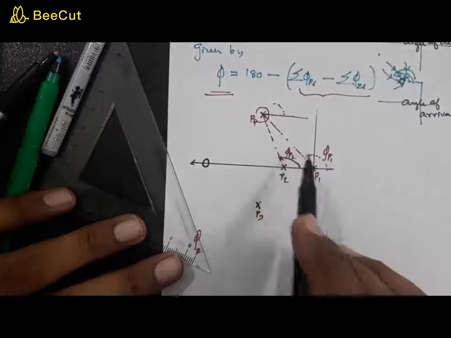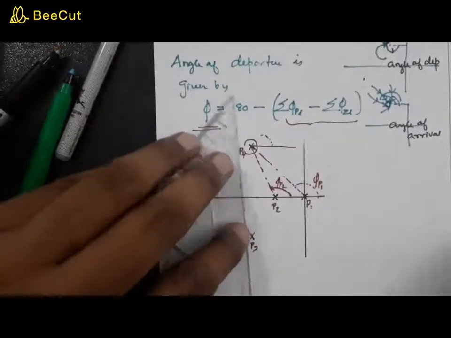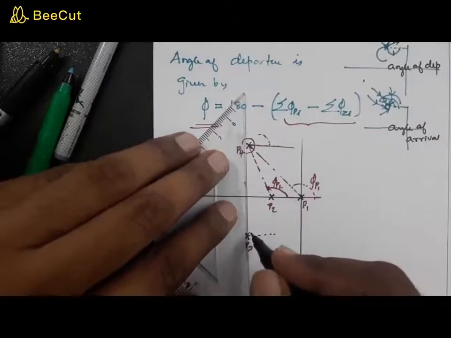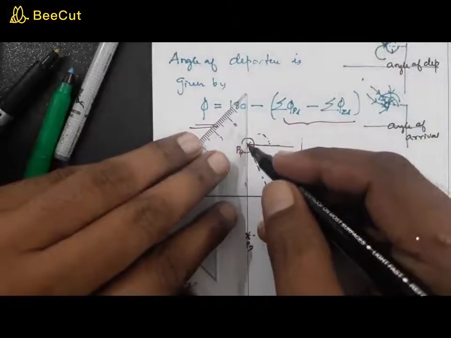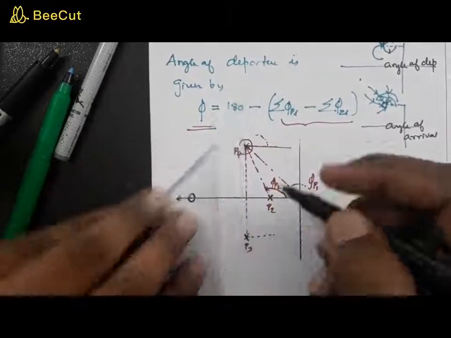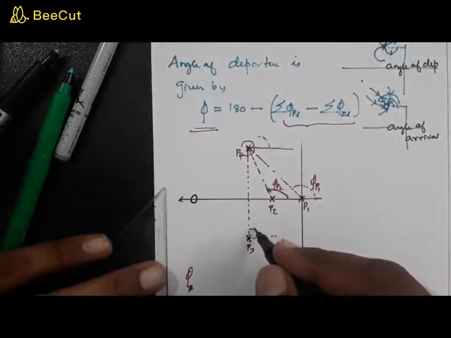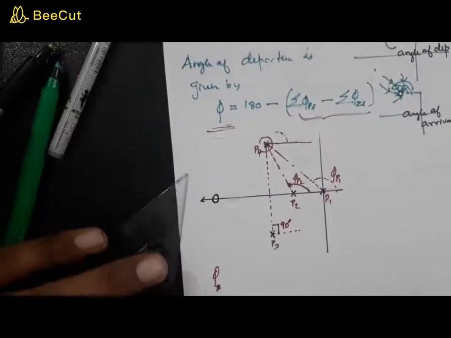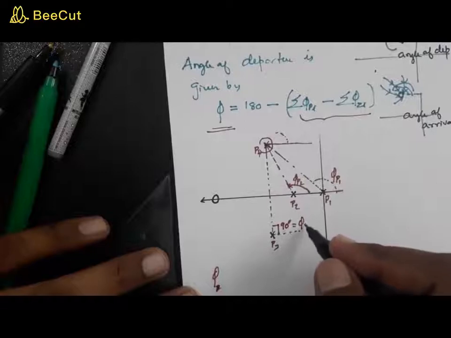Then only you can take this as positive. Similarly, what about this? This is the reference. With reference to this, the complex conjugate will always be 90 degrees. You don't have to measure that even. So this is anyway 90 degrees, right? So this is actually your phi P3.